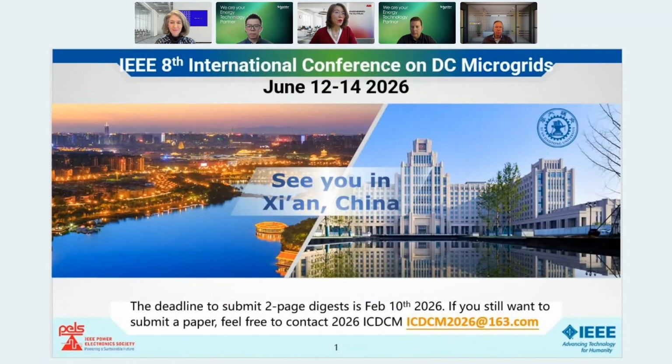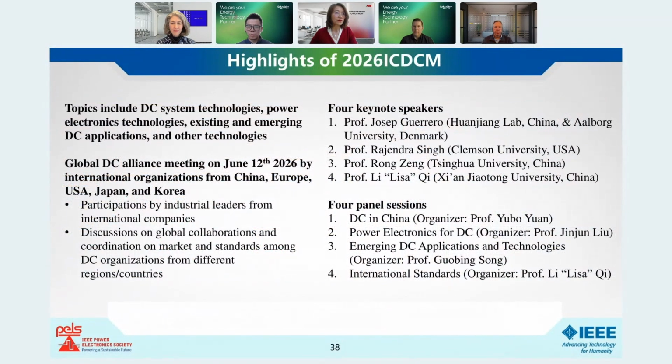So there will be an international conference on DC microgrids in China also in this June. If you have that kind of digest, you can send the message to the link here. You can see it on the screen. There are some highlights for this ICDCM mission.